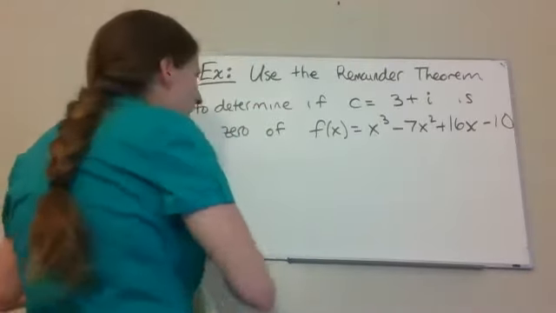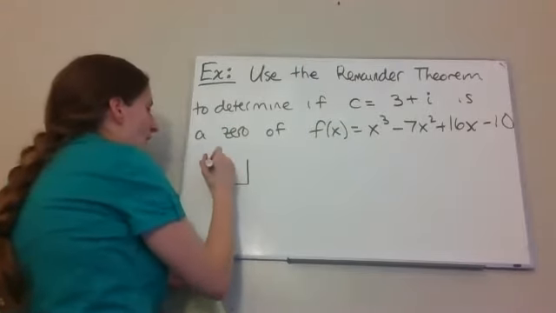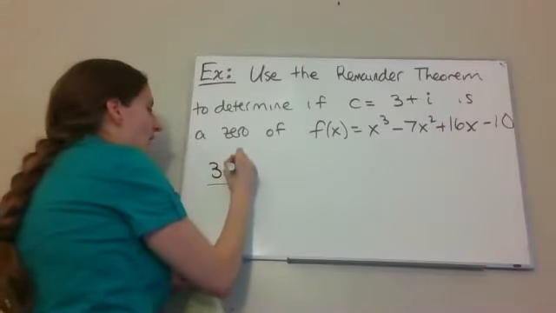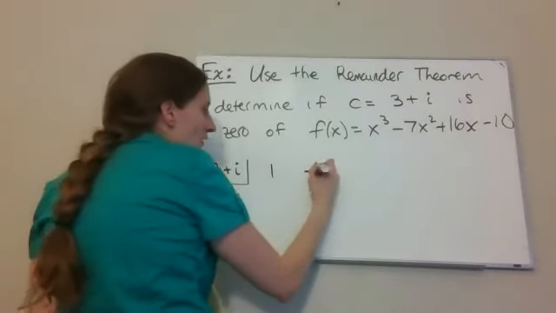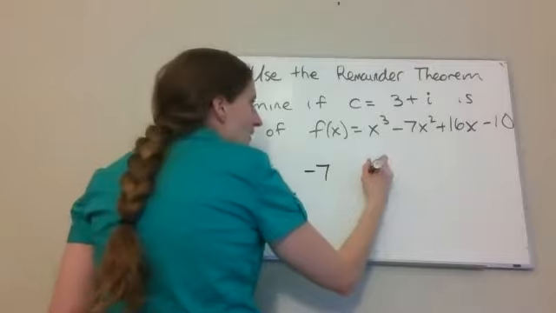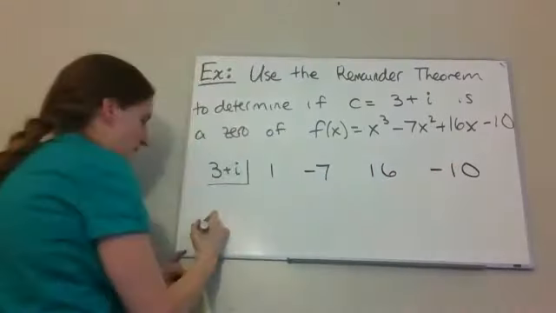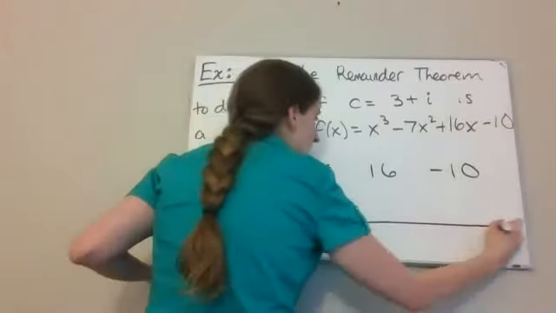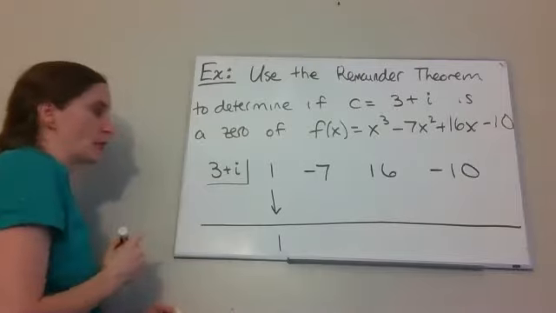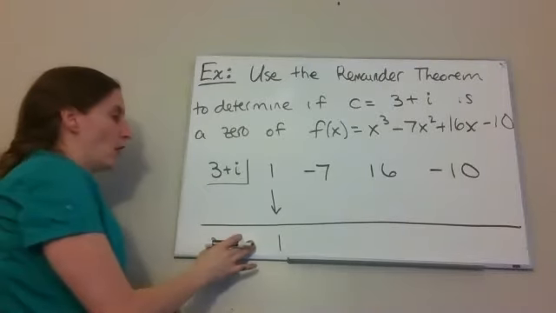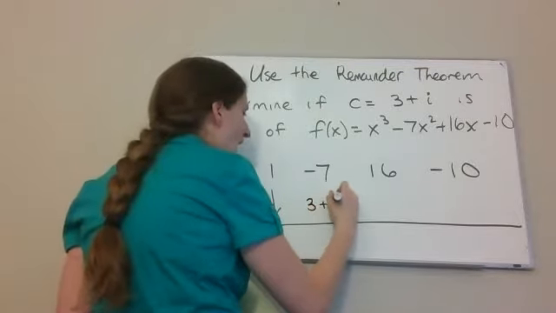The only thing that makes it a little more complicated is that we're dealing with complex numbers. My c is 3 plus i. My coefficients are 1, negative 7, positive 16, and negative 10. Drop down the 1, and we go through our procedure. 1 times 3 plus i is 3 plus i.